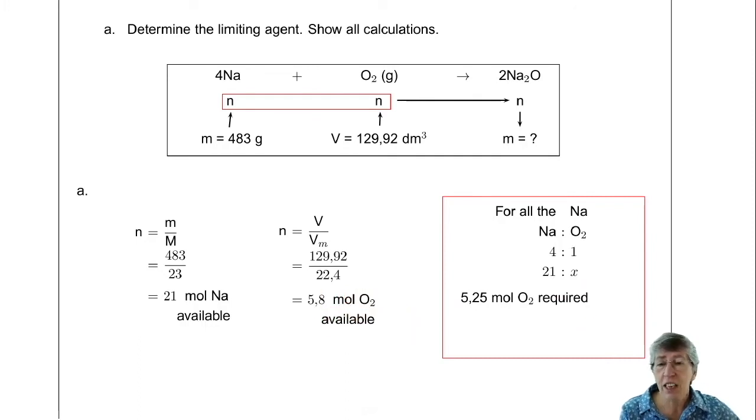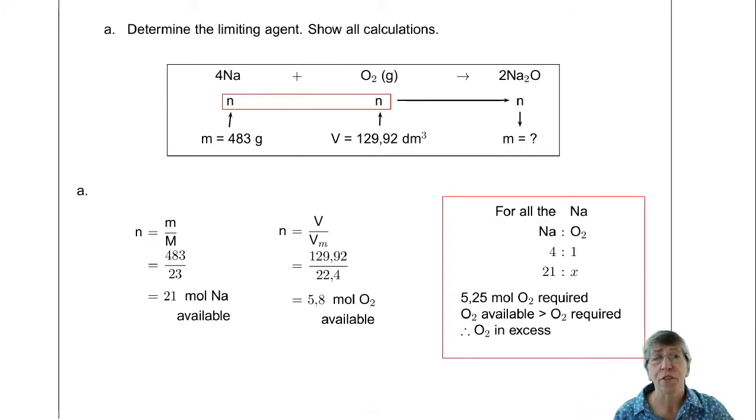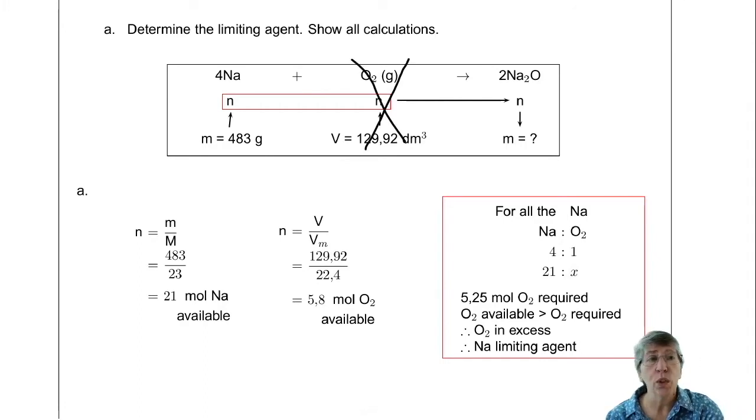And here you'll see we have more available than the amount of oxygen that is required. And that immediately tells me oxygen is therefore in excess. I have more than enough. And if oxygen is in excess, then that will tell you sodium is the limiting agent. And in all future calculations, I am going to ignore that oxygen because that is in excess.